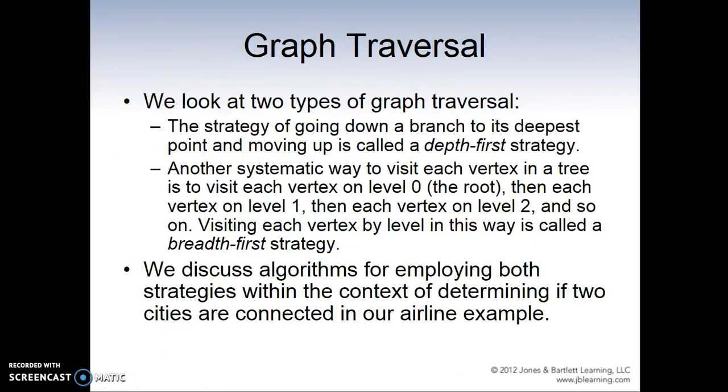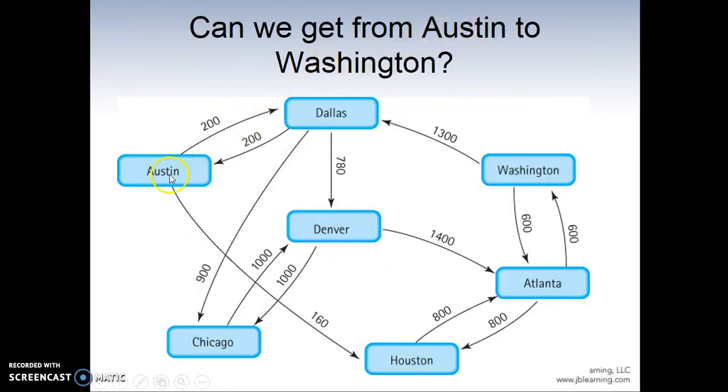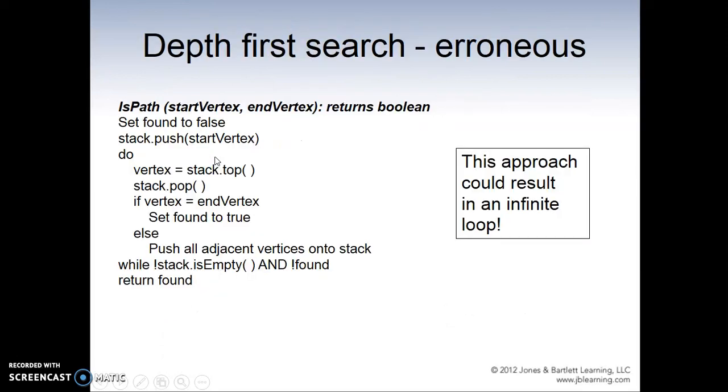In this case, Austin is the start, and the end is Washington. We ask: is there a path from the start to the end vertex? It returns a Boolean. If there is, return found the path.